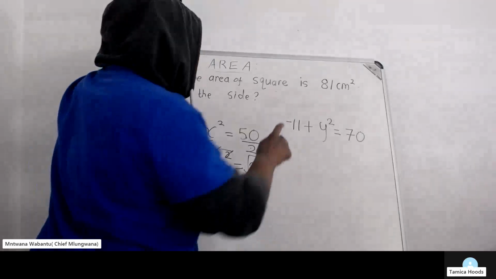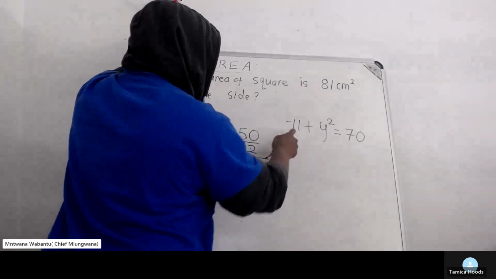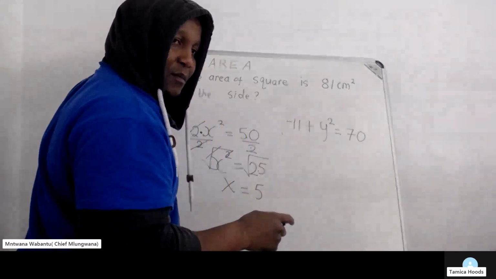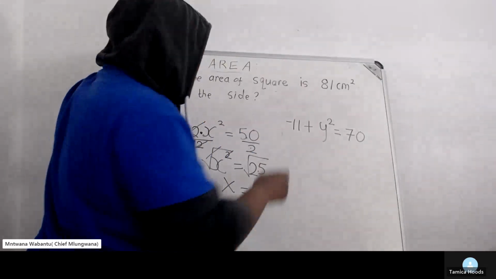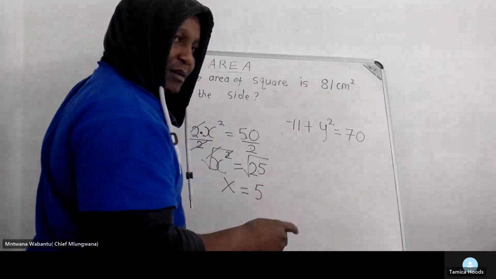So what I'm going to do is say, the negative 11, where is it going to go? It's going to divide. Really? Are we going to divide by negative 11?